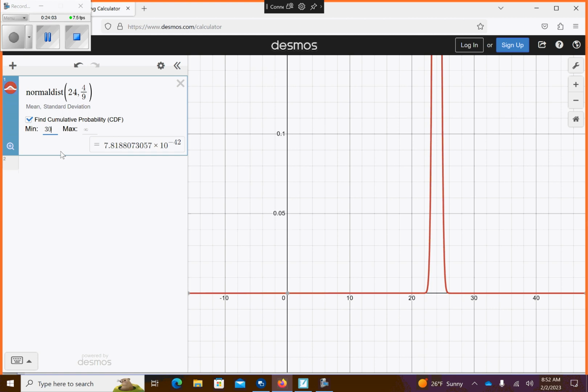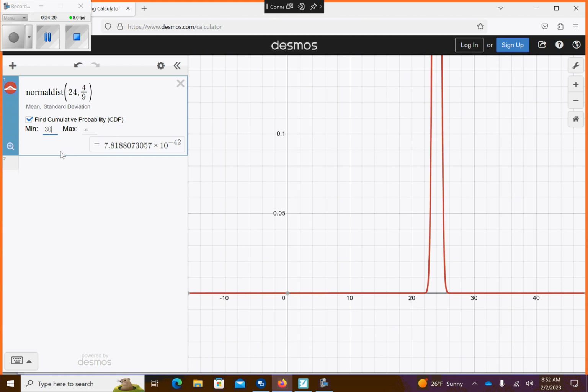So it's very unlikely that this particular player, who is normally scoring 24 points per game with a standard deviation of 4 as their overall numbers, excuse me. Now we're going to say, hey, we're looking at 81 games. 81 games is going to be a little bit different.